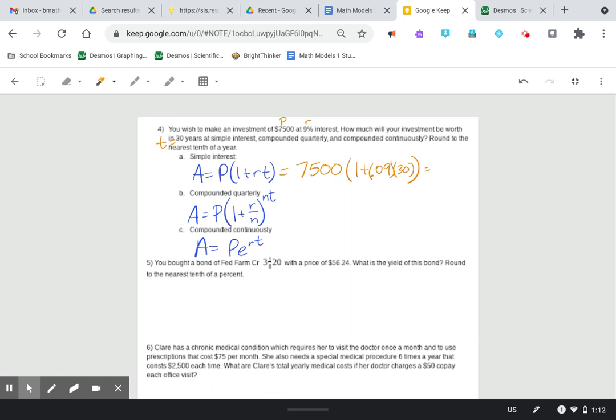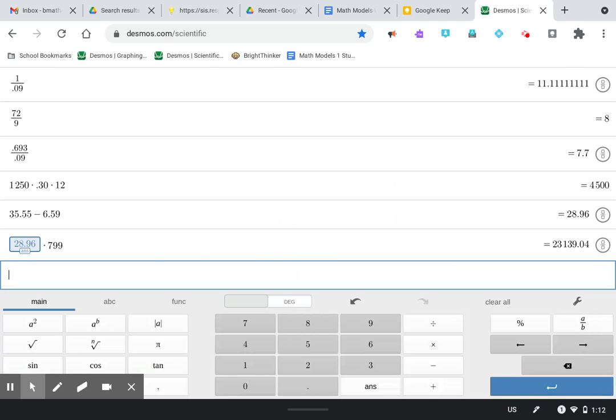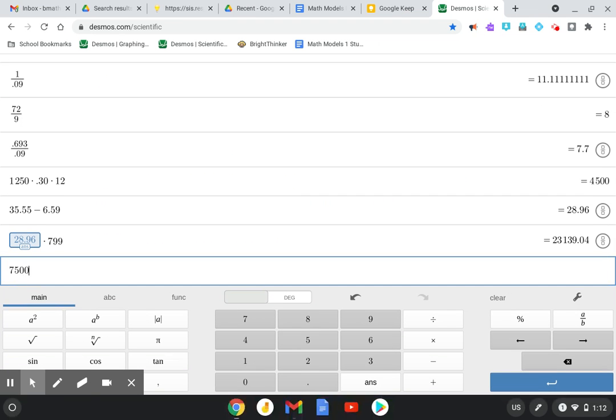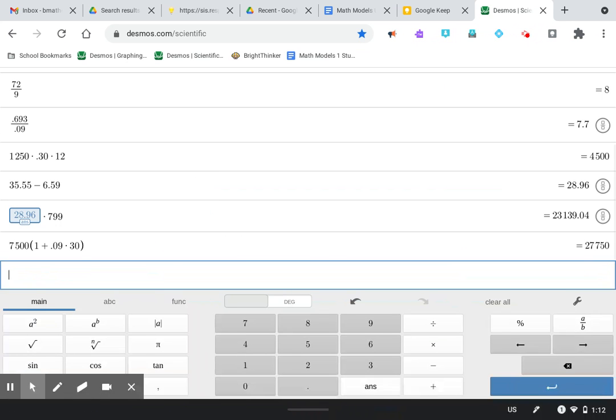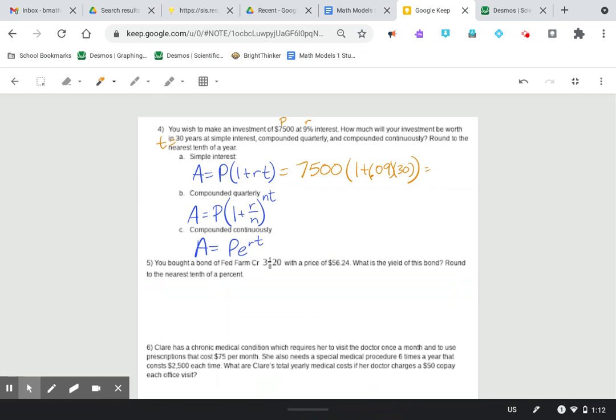So when we do all that, we get 7,500 times (1 plus 0.09 times 30), and that's 27,750.